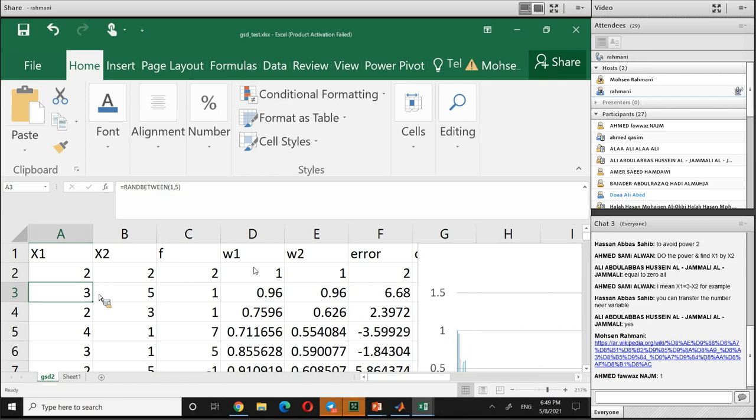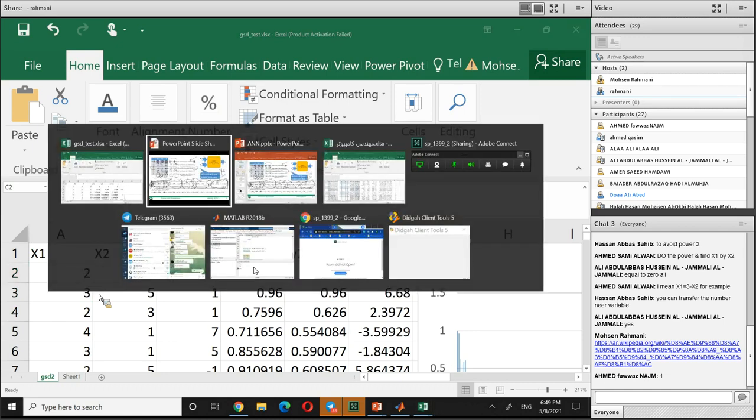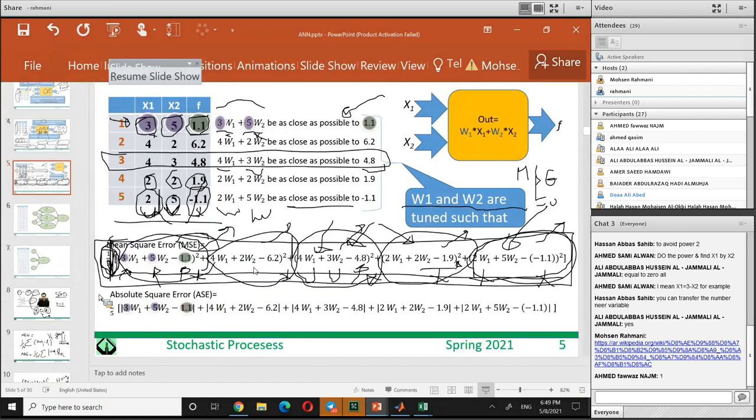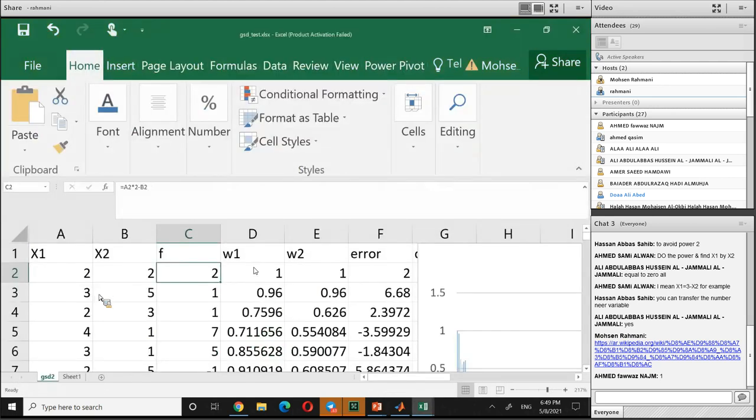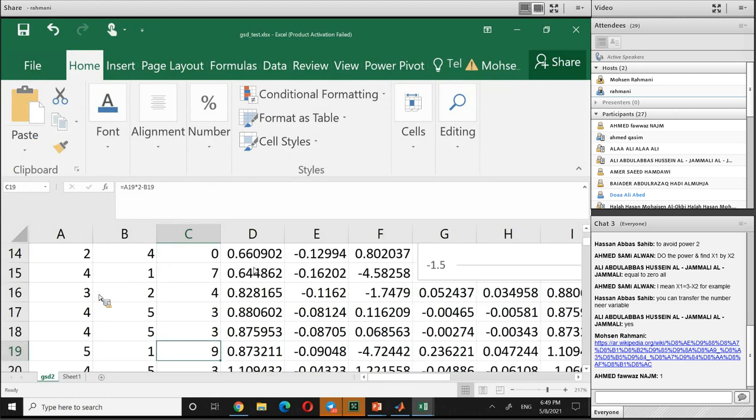Here, I just want to give you an example by Excel. It is very easy to do this by Excel. This is inputs x1, x2, and this is the output. If you look here, we have 5 rows in this slide, but here I have many rows of numbers to generate this.